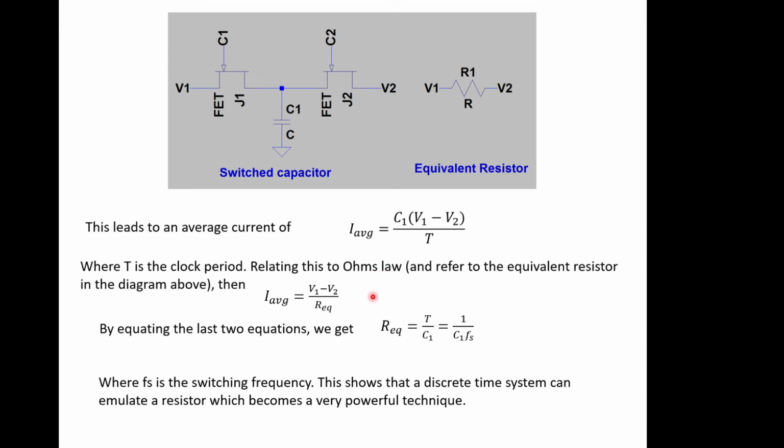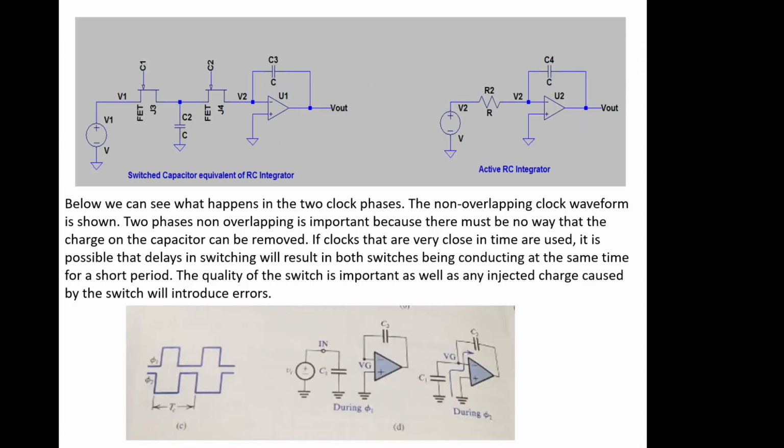So all this starts to link up at that point. This shows that a discrete time system, a switching time system, can emulate a resistor, and that obviously becomes quite a powerful technique.